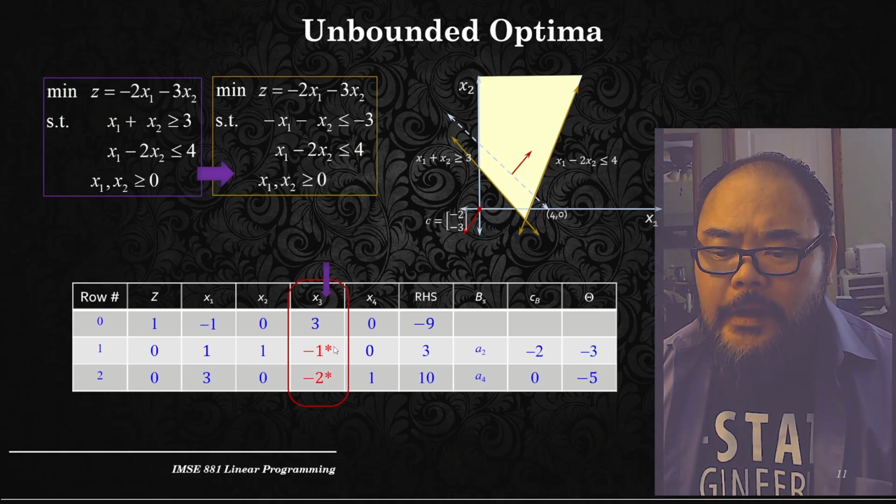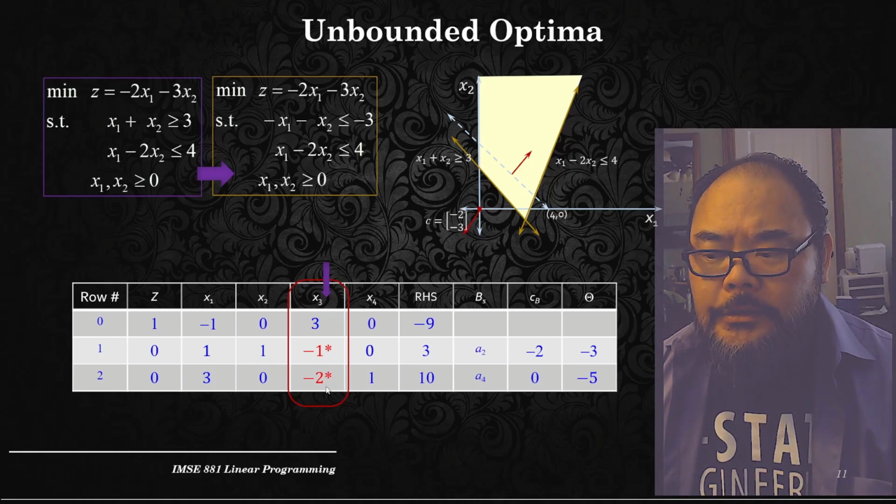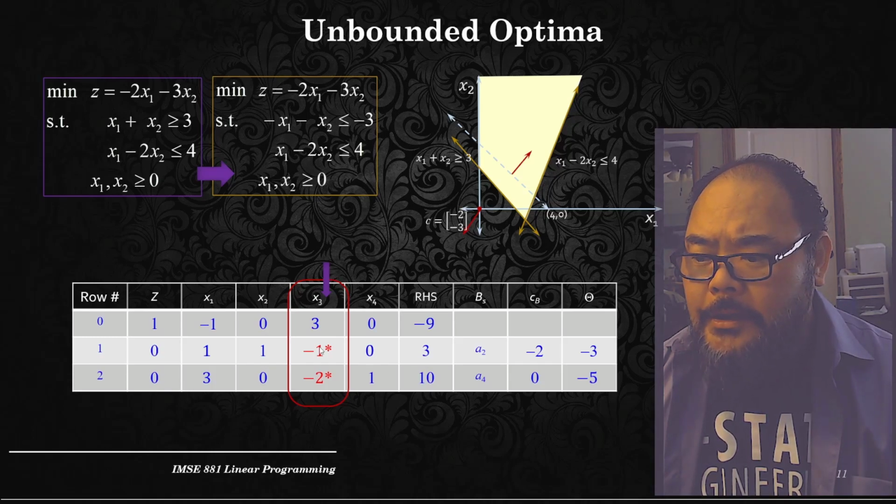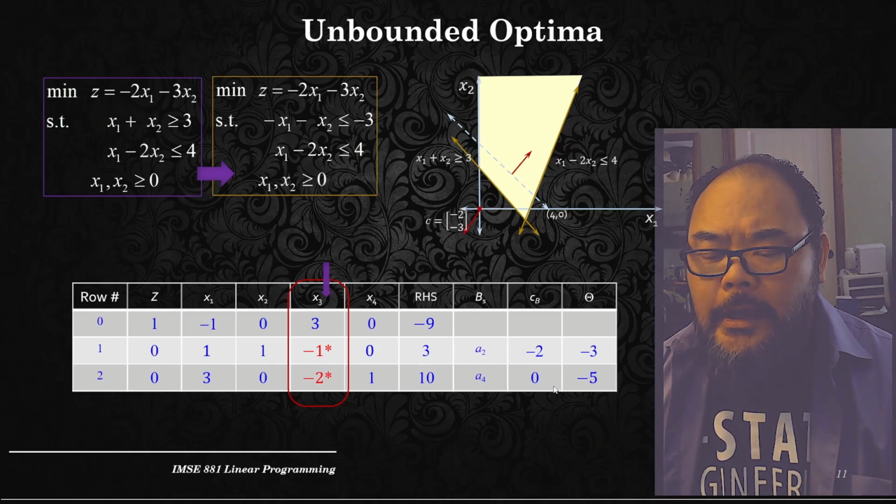However, we notice that in the y3 column of the current tableau, both elements are negative. If we perform a minimum ratio test, taking the right-hand side divided by these y3 column elements, both results are negative.